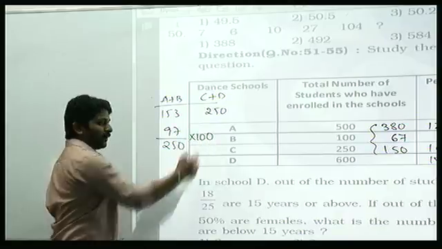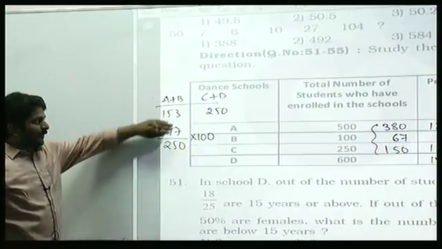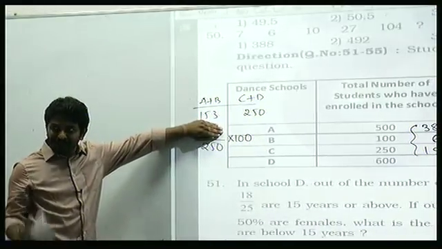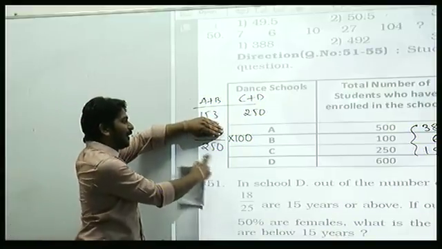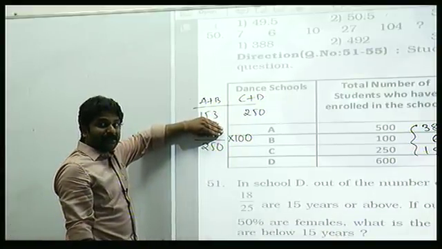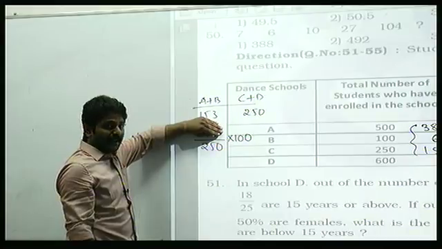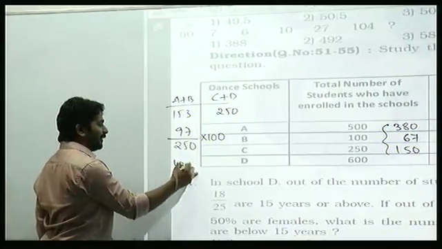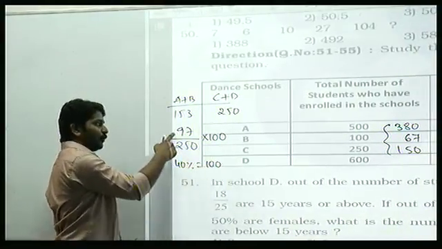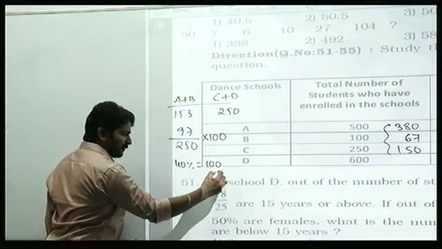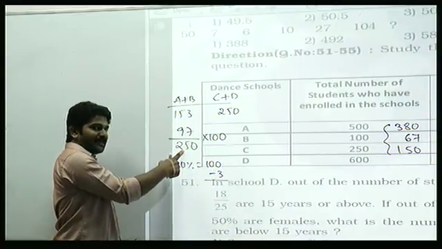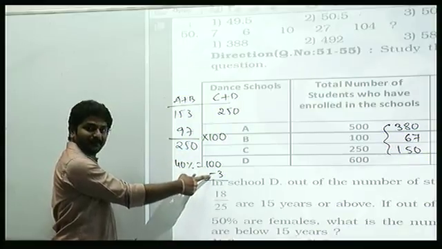Percentage rate, so into 100. Now if numerator is 100, 10% of denominator is 25, 20% 50, 40% 100. So 40% will be equal to 100, but our numerator is 97. So you need to subtract 3 from this number. 1% of this number is 2.5.